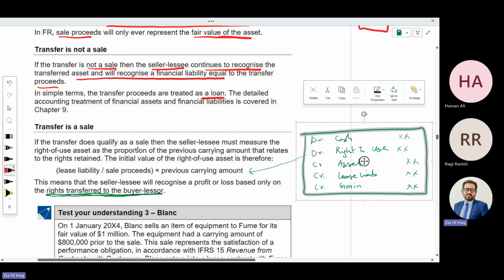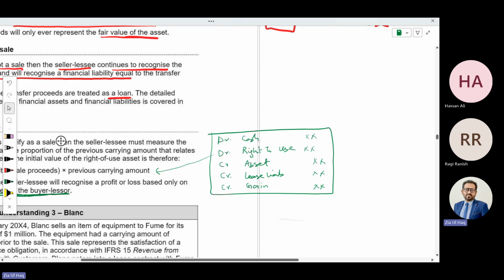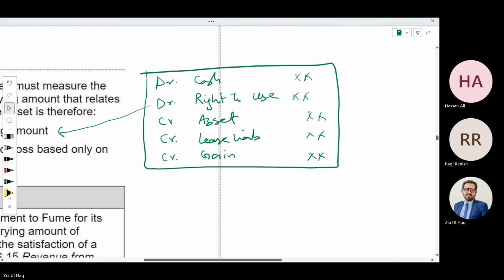The seller lessee must measure the right of use asset as a proportion of the previous carrying amount. Meaning in sale and leaseback, we need to record this accounting entry. Whatever cash you received through selling the asset, that will be debit. And now leaseback, you have entered into the contract of lease. So right of use asset will be debit. And the asset, at the time of sale, whatever its carrying value in your books should be credited, gone.